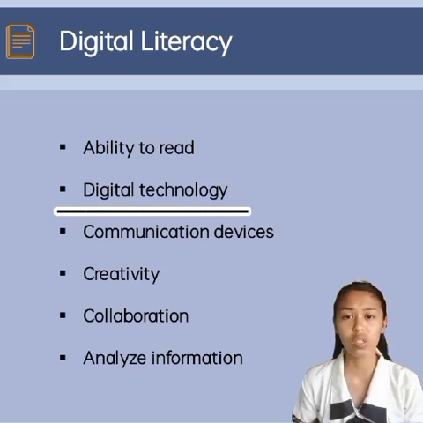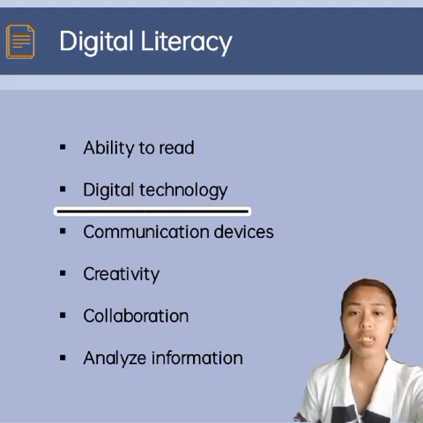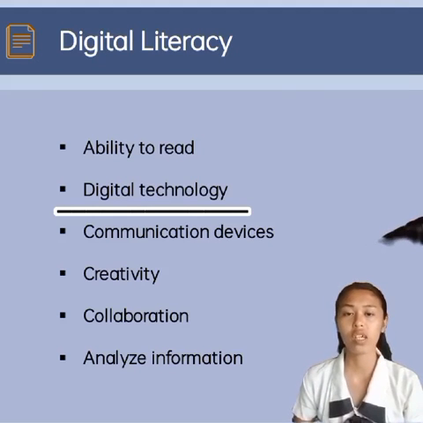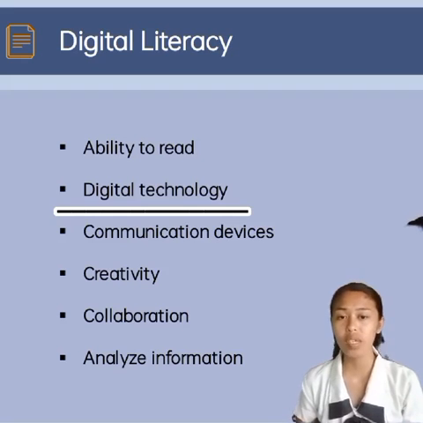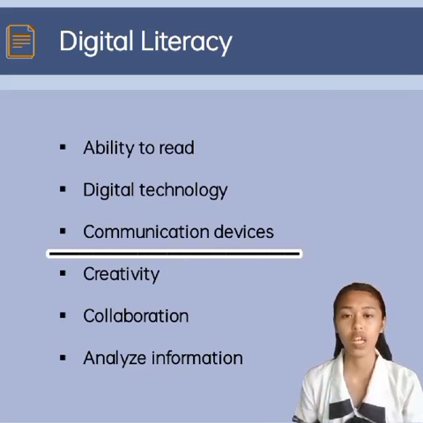Digital technology. Electronic tools, systems, devices, and other resources that generate, store, or process data are referred to as digital technologies. Social media, online games, multimedia, and mobile phones are all well-known examples. Communication devices.